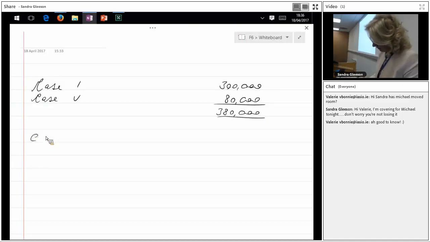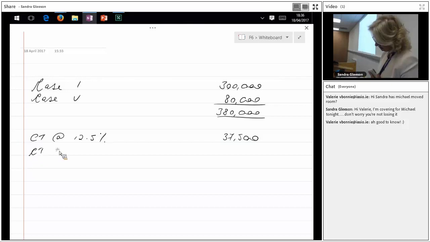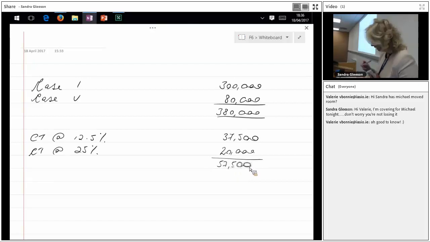CT at 12.5% on 300,000 is 37,500, and CT at 25%: the 80,000 is taxable at 25%. That's 20,000. Total CT liability is 57,500. In order to qualify for the startup exemption, the total CT liability must have been less than 40,000, not just the CT on the Case 1.